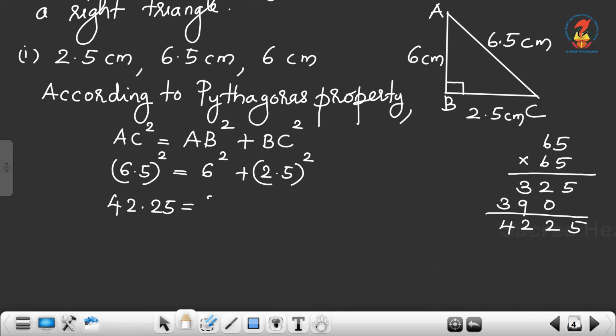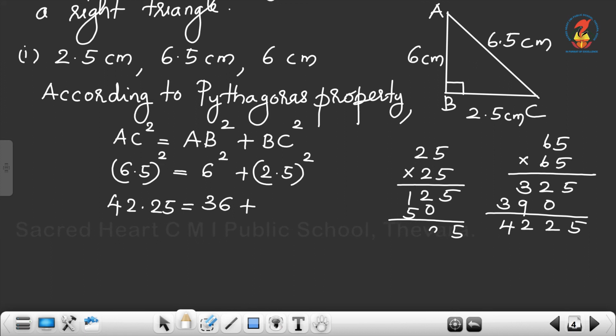Equal to 6 square is 36 plus 2.5 square. 2.5 square, how can you find out? You can find out 25 into 25, which is 625. Total number of decimal places is 2, therefore the answer is 6.25.